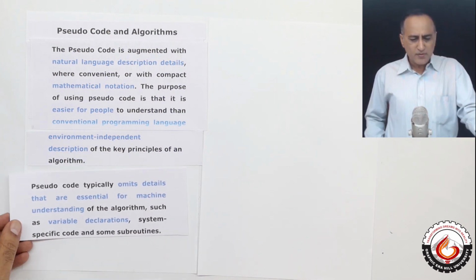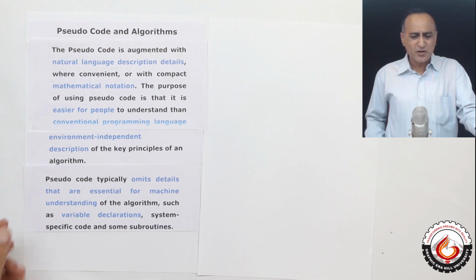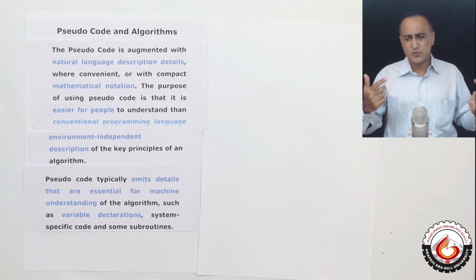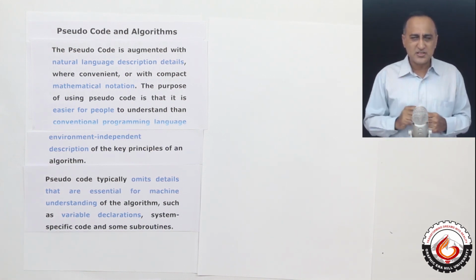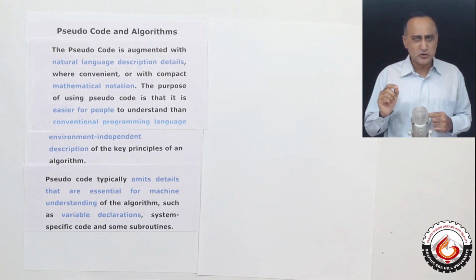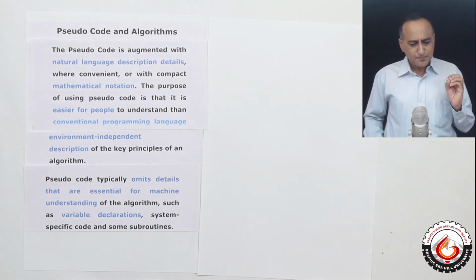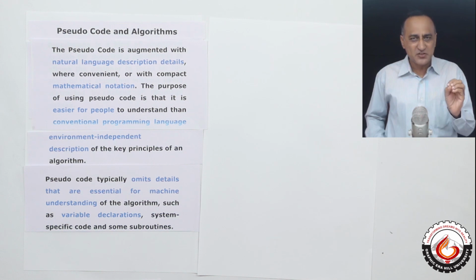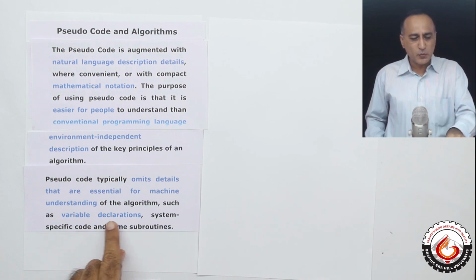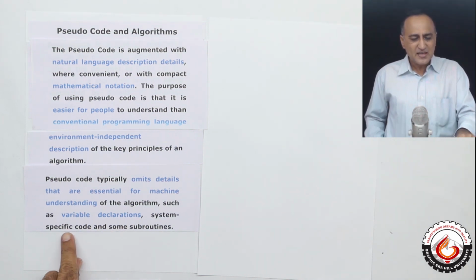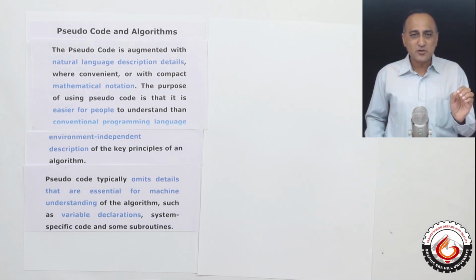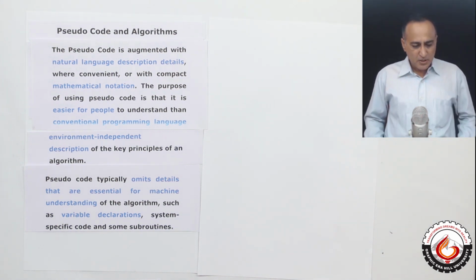Now, if you're writing a program, you will declare variables, you will use semicolons, full stops, a lot of the syntax of a programming language. But in a pseudocode, you will not use any technical jargon because you want everybody to understand just by reading it. So we are going to avoid variable declarations and any code which looks like C language or Fortran or COBOL.